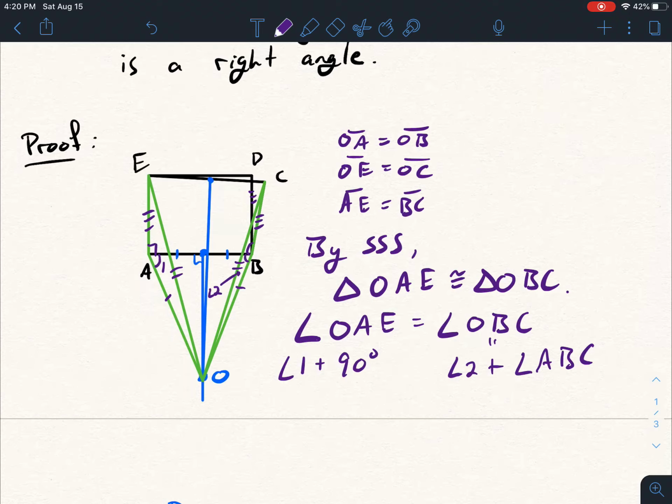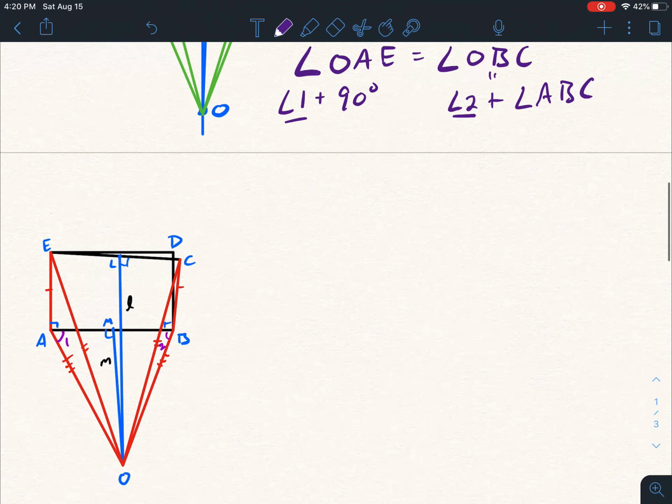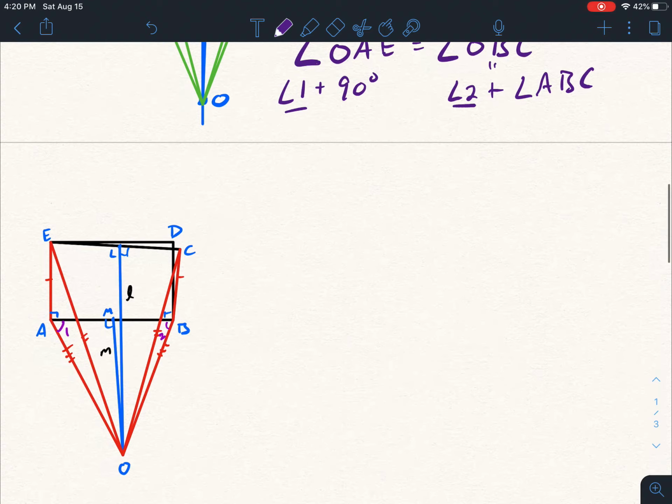Okay, so now what? Well, we're almost done. The last thing here is that angle 1 is actually equal to angle 2. Why is angle 1 equal to angle 2? I have some things redrawn down here just for clarity's sake.